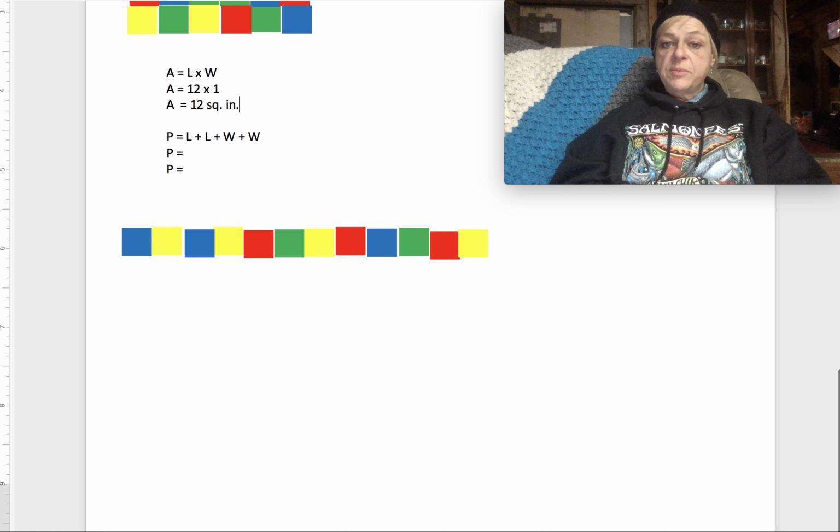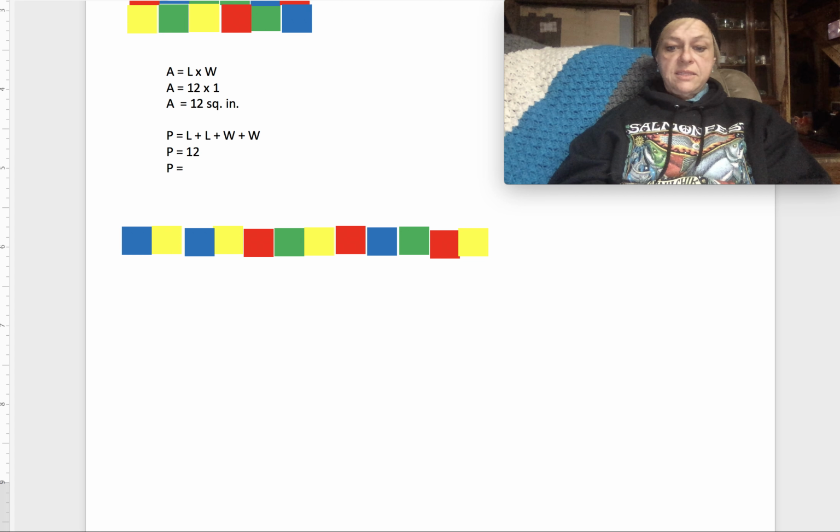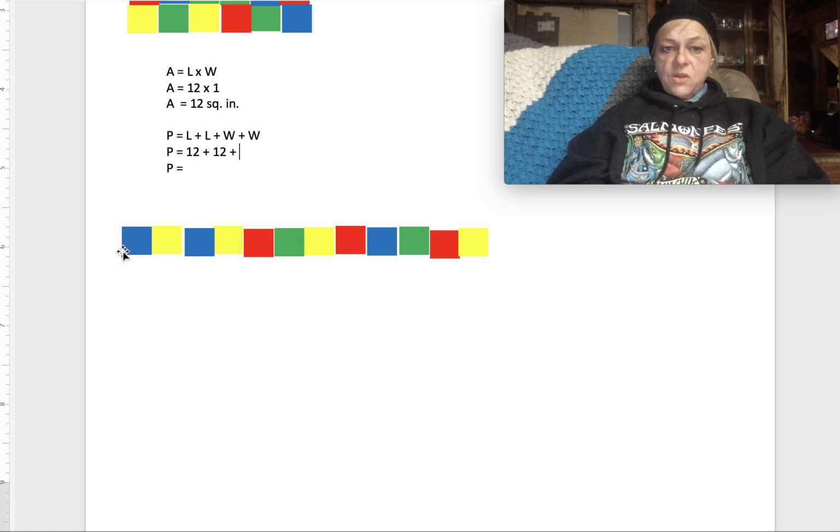Let's find out what the perimeter is. Remember, we've got a length on the top and a length on the bottom here. So our 2 lengths, we already know because we just counted it. They are 12 and 12. We have to add those to our widths on both ends. 1, and over here on the right is 1.